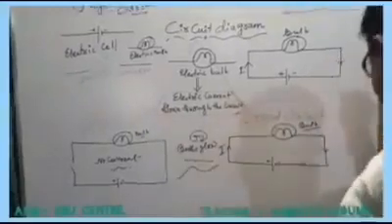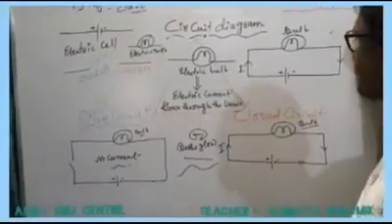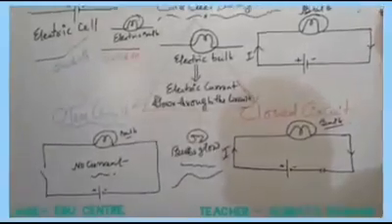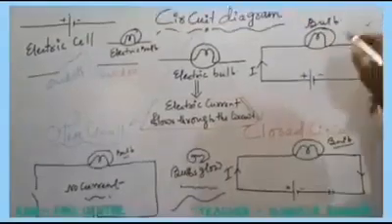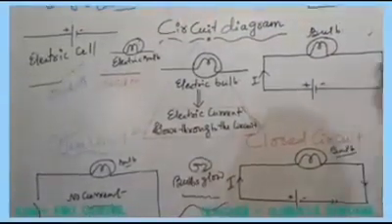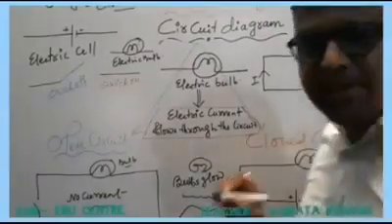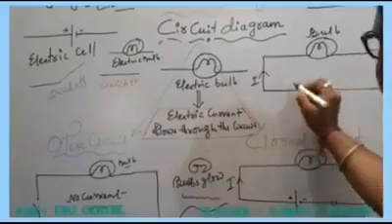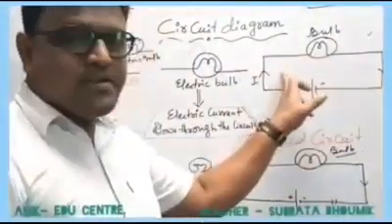So let us imagine this is a circuit. As we know, what is a circuit? A circuit is made of components: a bulb, a battery and wires. Electric current flows from the positive terminal to the negative terminal, and electrons flow from the negative terminal to the positive terminal.